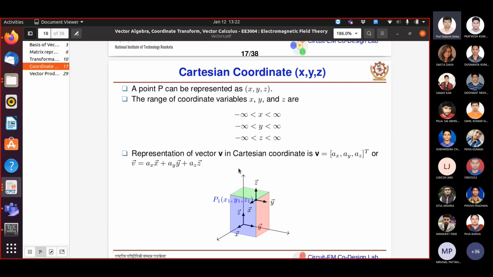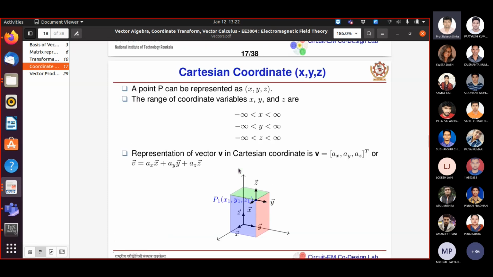Now the coordinate vector, or you can say the unit vector system, for the Cartesian coordinate, the cylindrical coordinate or the spherical coordinate, is different. You have seen that these coordinate vectors are formed by rotation of another coordinate vector system.